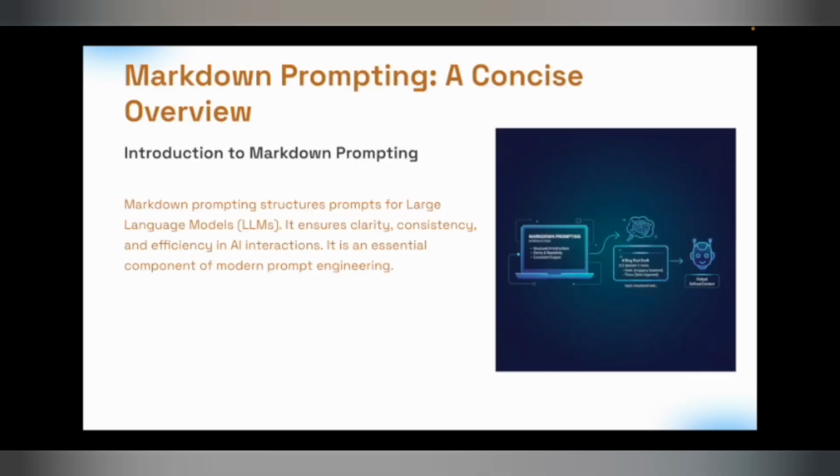If I go with the bookish overview or introduction of Markdown prompting, it says it's a prompting structure for LLMs, large language models, that ensures clarity, consistency, and efficiency in AI interactions. What does that actually mean? Suppose you are writing a document.